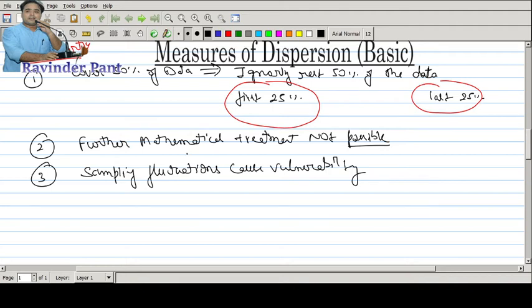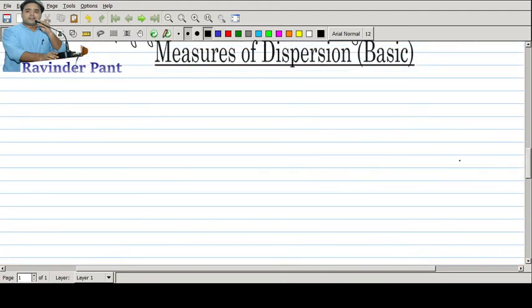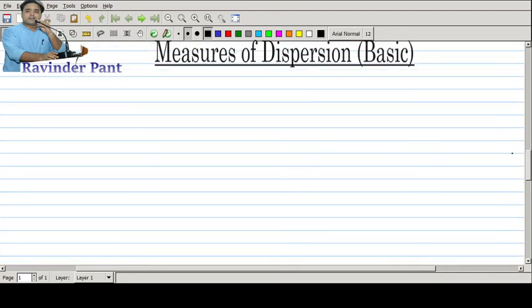Now we are moving towards the perfect measure of dispersion. So we want to remove these demerits. In the pursuit of a perfect measure of dispersion, we find yet another measure of dispersion which is known as mean deviation. So after your range and your quartile deviations, this measure of dispersion is a bit mathematical and calculation-based in nature, and is based on the mean.